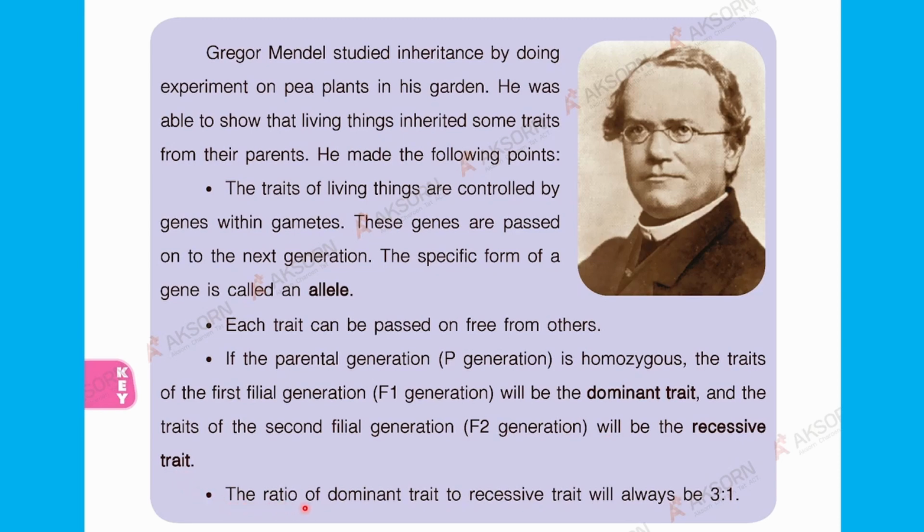The ratio of dominant trait to recessive trait will always be 3:1. So this colon means to. You have 3 dominant traits and you will have 1 recessive trait. Always.